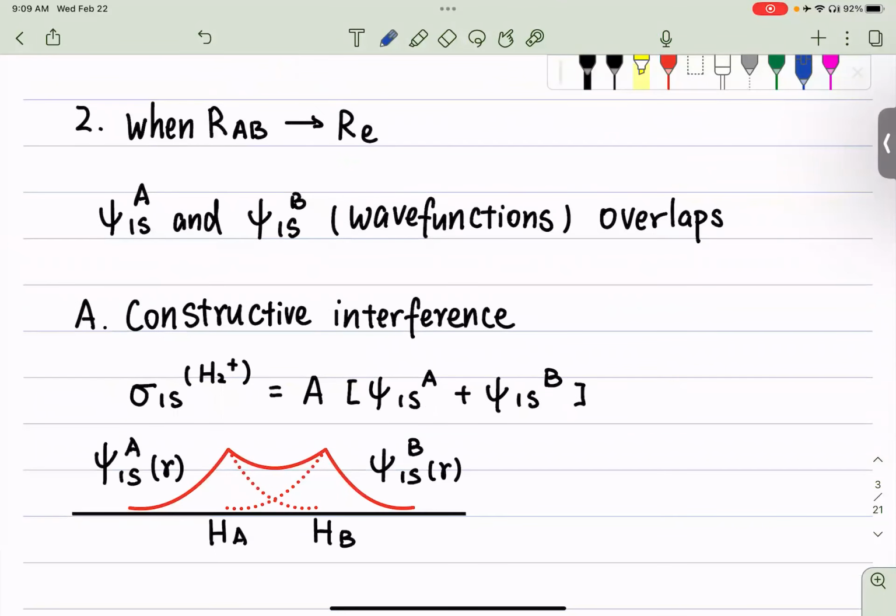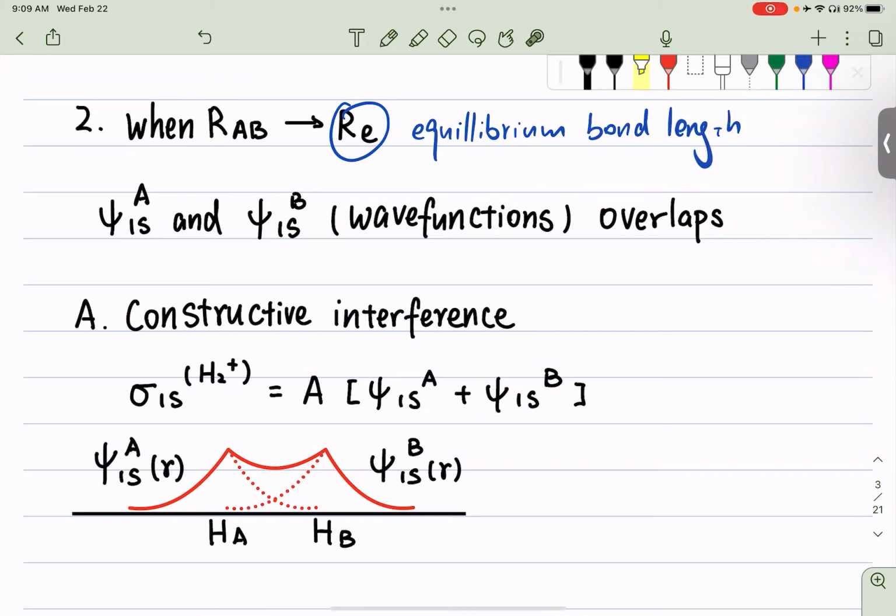And then when your atomic distance is coming to the close proximity of your bond length, or equilibrium bond length, the wave functions of your 1sA and 1sB, so these are the atomic orbitals of your hydrogen atoms A and B, start to interfere with each other, or these wave functions start to overlap with each other.